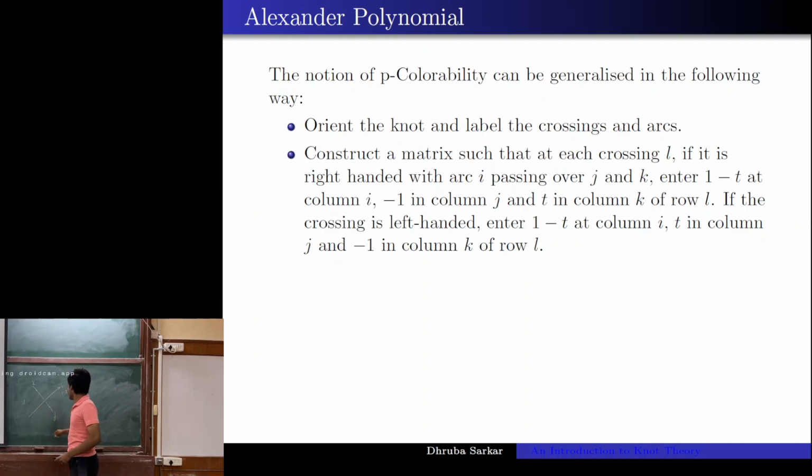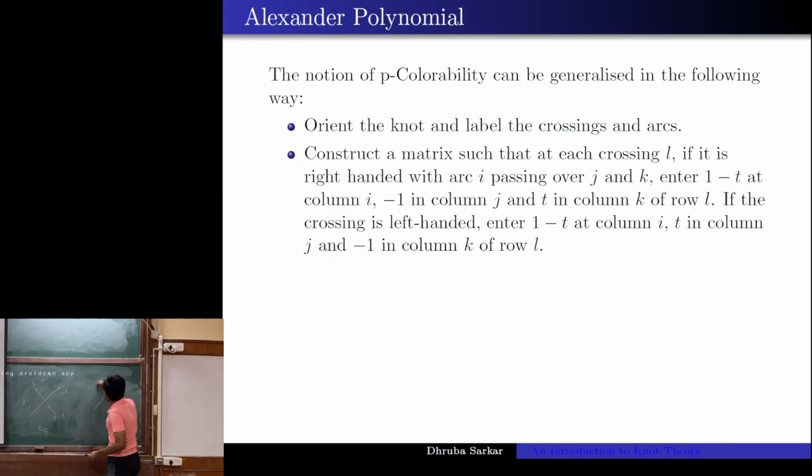At the J comma Lth entry, you put t. At the Kth entry, you put minus 1 for the right-handed system, if the crossing is a right-handed system. Right-handed means like this. You have oriented it, right? So here it's sort of a right-handed system.